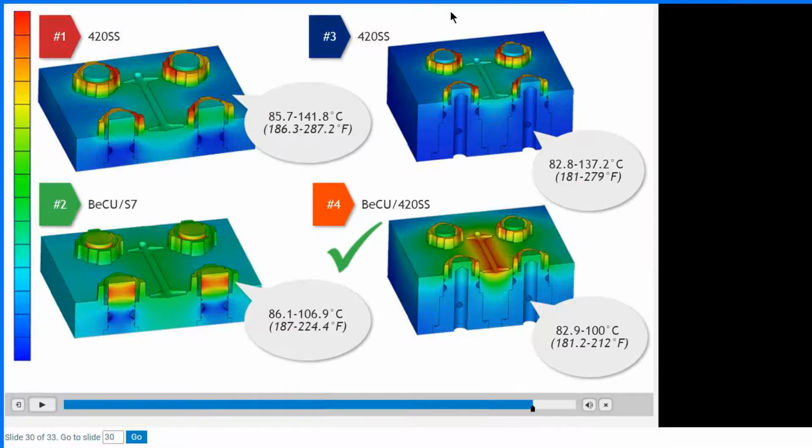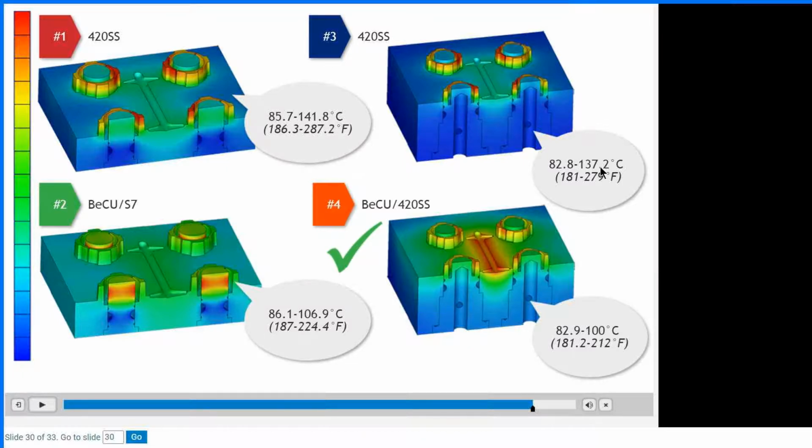When we just look at example number 3 and number 4 and compare those, that's the same mold design, the same cooling line layout. The only difference is that the top here, example number 3, it's all 420. And example number 4, the base is 420, and this core that forms the inside of the part is beryllium copper or Moldmax H or some similar material that has a high thermal conductivity.